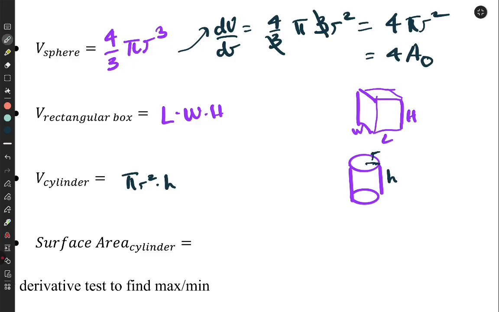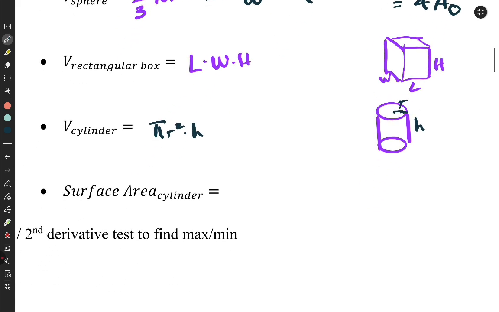How do they convert between 3D and 2D? Everything is derivative.